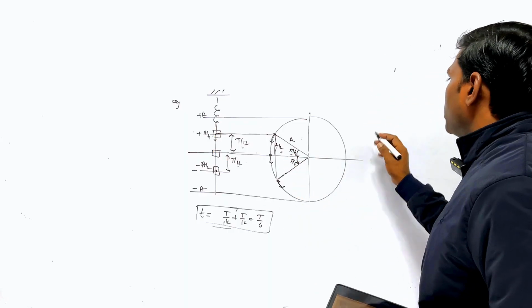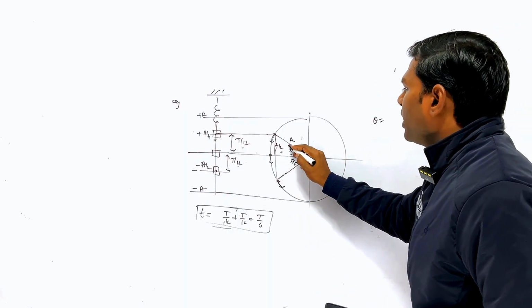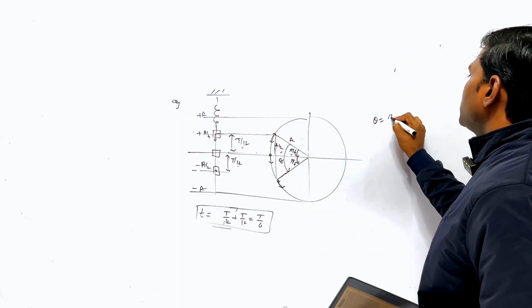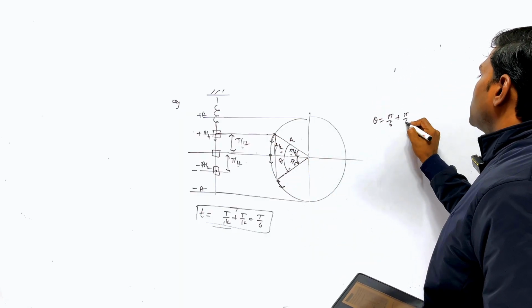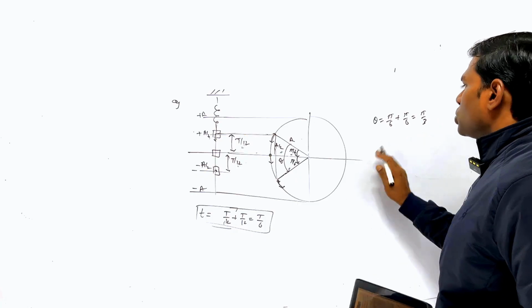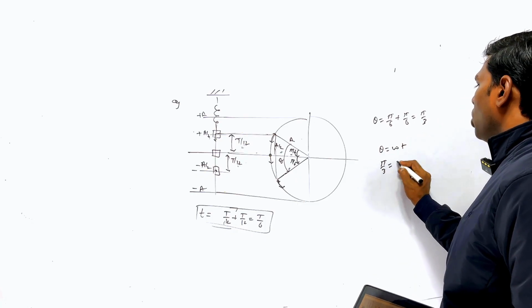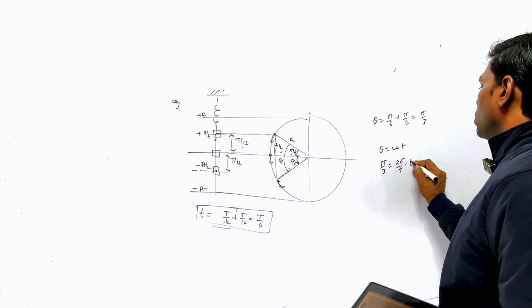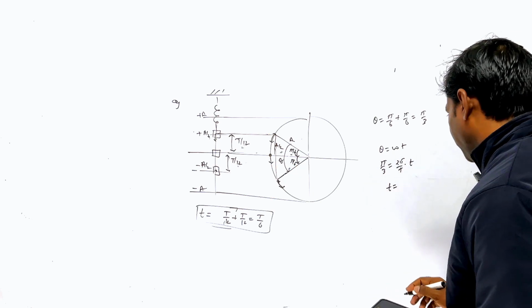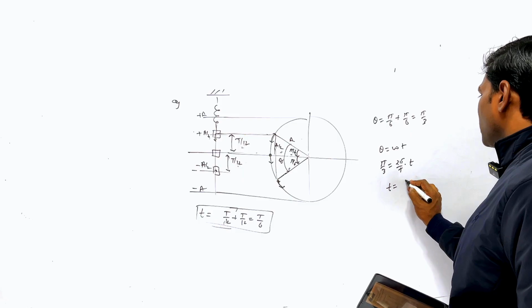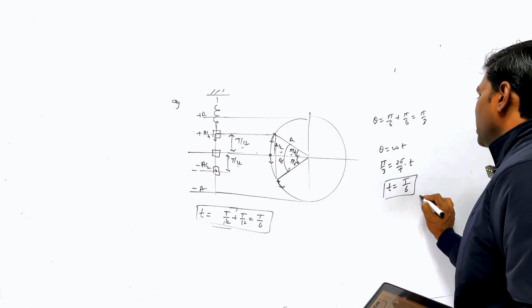Pi by 3. The angle covered by the corresponding particle on the circle is pi by 6 plus pi by 6, so theta is pi by 3. Theta is omega t, and omega is 2 pi by T. So what is t? t is T by 6.